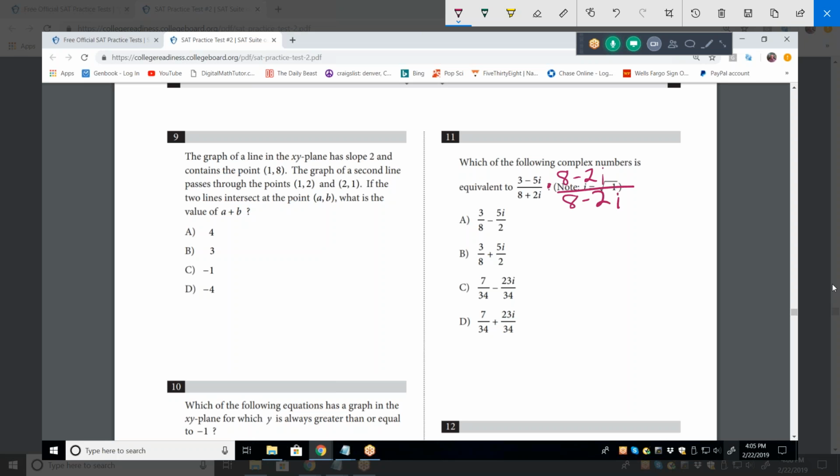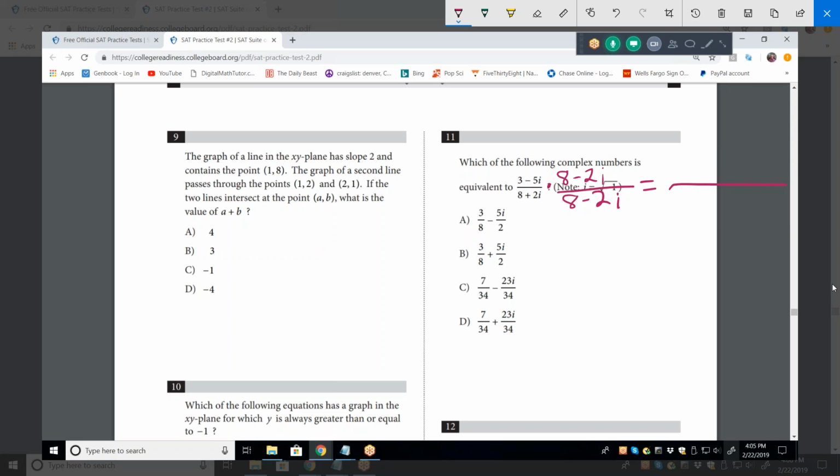You can always multiply any fraction by the number 1, and that's a good thing to keep in mind. Now, what happens to the bottom? Let's deal with it first, because it's the easiest.